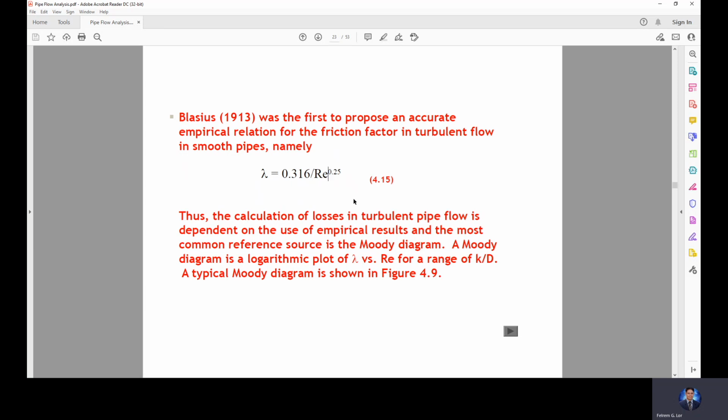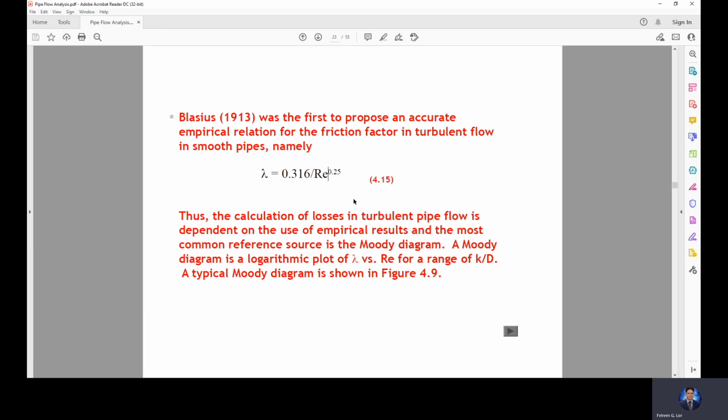The most common reference, which is still used today, is the Moody diagram. The Moody diagram is a logarithmic plot. As I've said, the velocity profile of turbulent flow follows a logarithmic form, so the determination of the friction factor is plotted in logarithmic form.